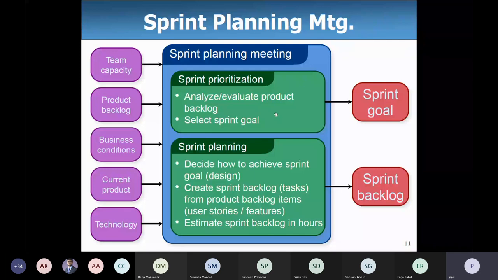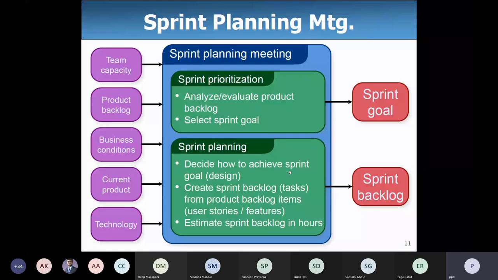And then there are others also considered for the sprint planning. Decide how to achieve this sprint goal. What is the design? Create the sprint backlog, the set of tasks that need to be done within this time from the product backlog items, and estimate the sprint backlog in terms of hours.